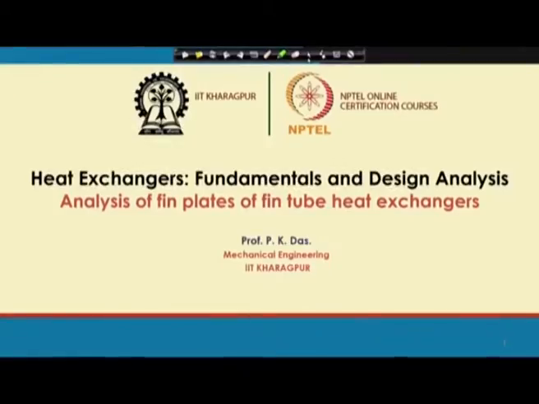But there could be another variation of fin tube heat exchanger, which we have mentioned, and again I am mentioning it because that is important: there could be an integral fin plate which will be pierced by a number of tubes. That way we increase the compactness of the heat exchanger.